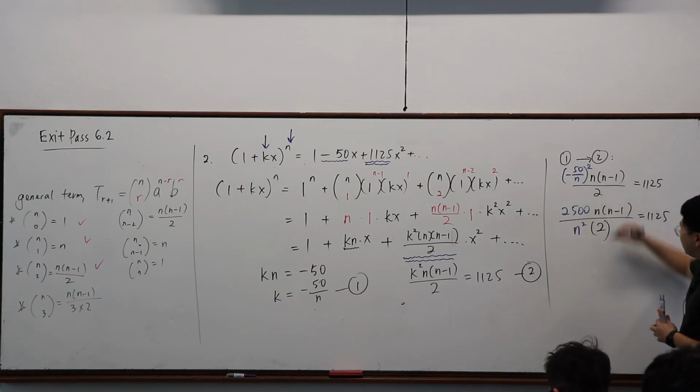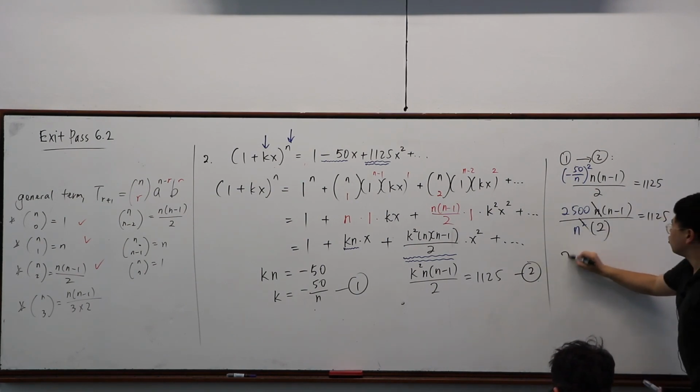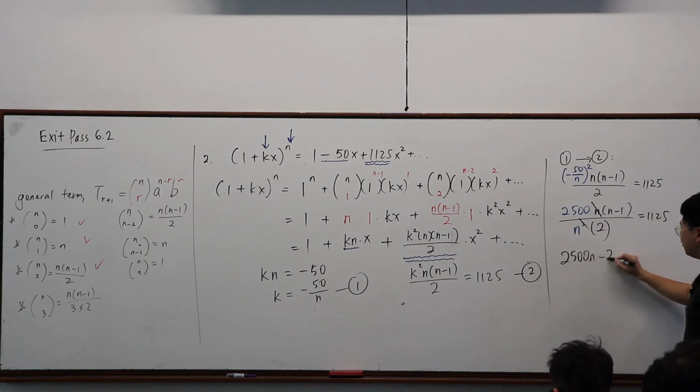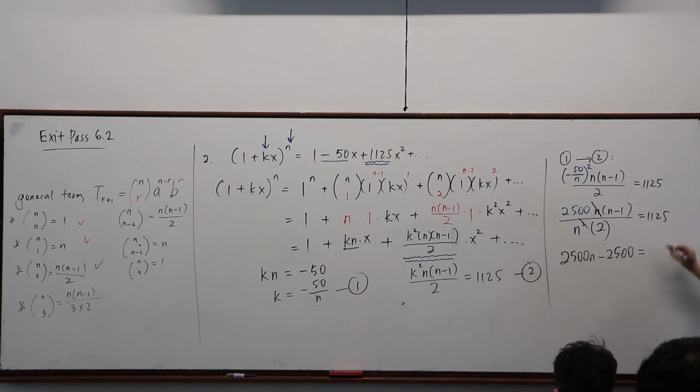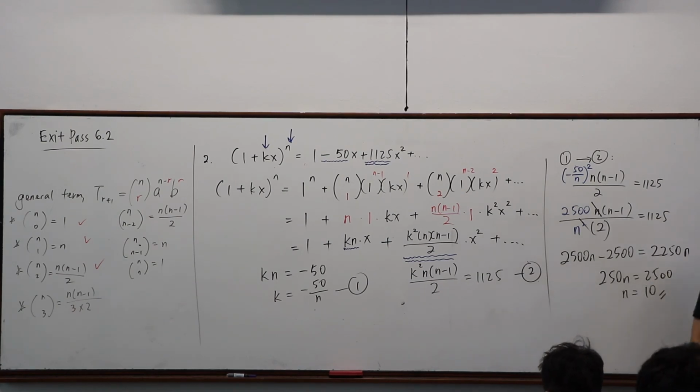Let's try to solve a little bit. This n and this can cancel. Move this over here. So 2500n minus 2500 is equal to 1125. So this is 250n. Solve for n: 250n equals 2500, n is equal to 10. So k is equal to negative 5.